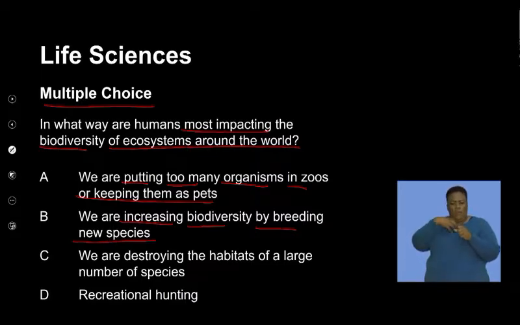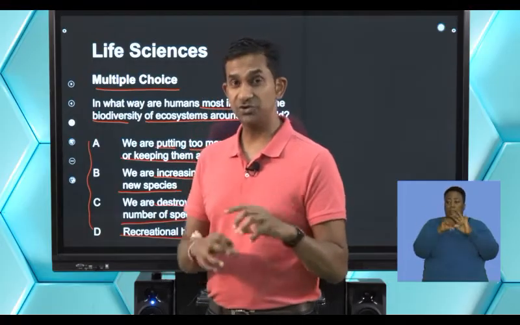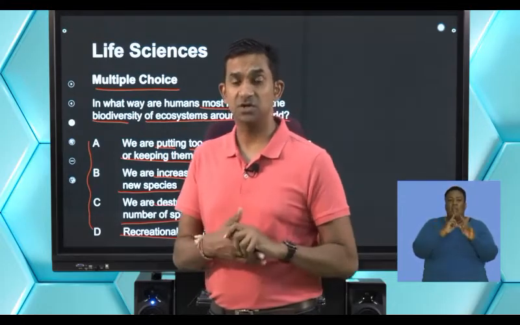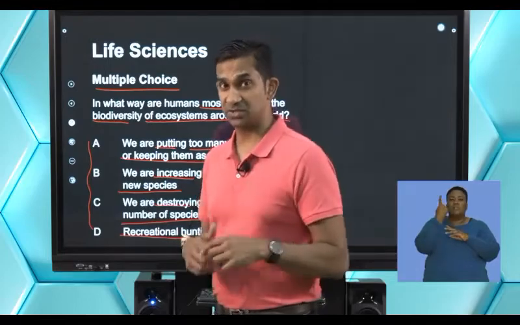C, we are destroying the habitats of a large number of species. Or D, recreational hunting. All of these seem quite correct, but there is a significantly correct answer. It's important for you to tune into the lesson. Let's understand the impact on biodiversity and then use that to unpack this question at the end.